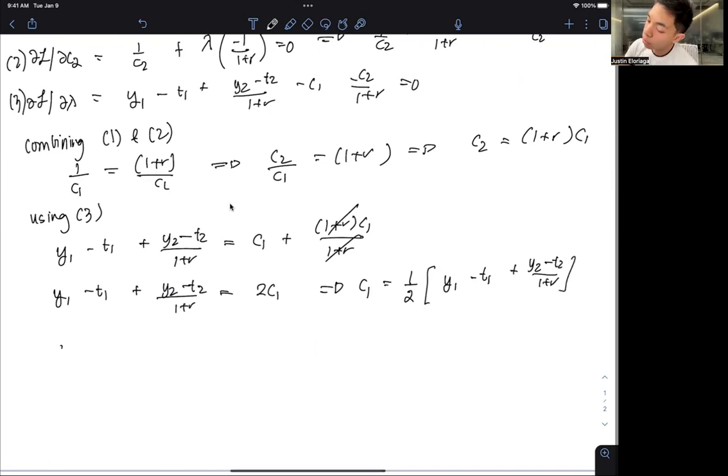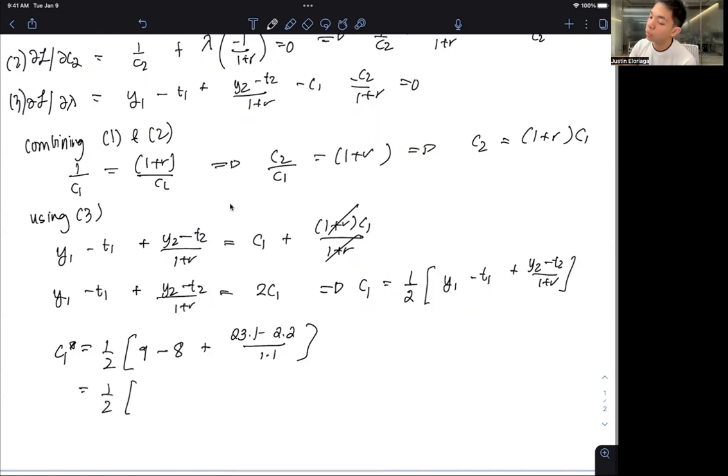So we can easily solve for C1 star now. So that's 1/2 times Y1. Well, Y1 is 9, T1 is 8, Y2 is 23.1, T2 is 2.2. That's what we computed in part A, divided by 1.1. So let's see, what can we do to simplify this?